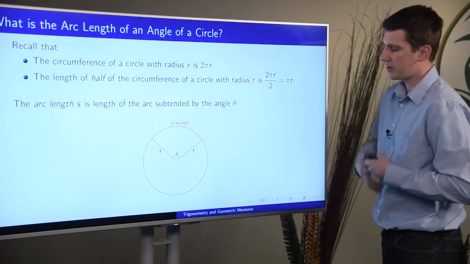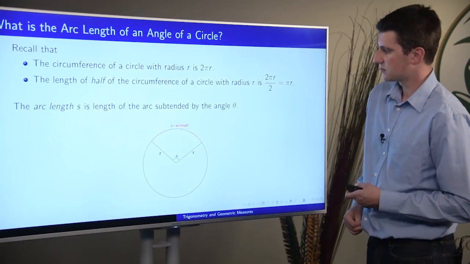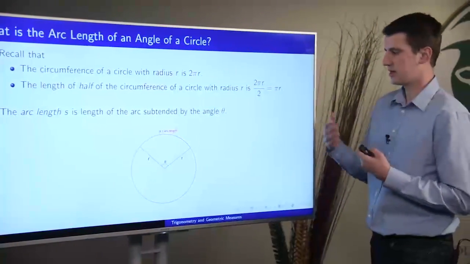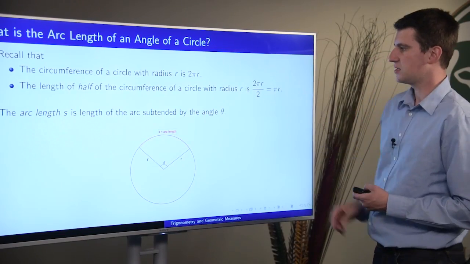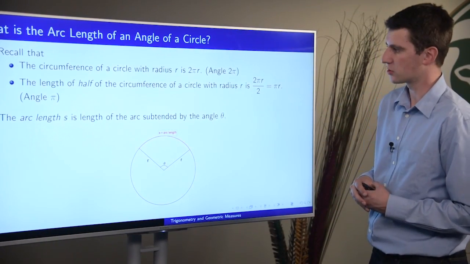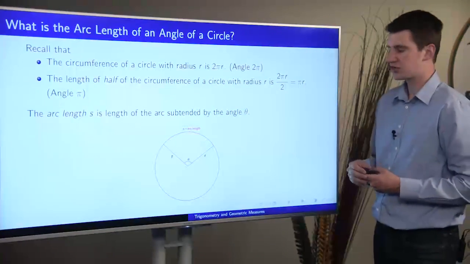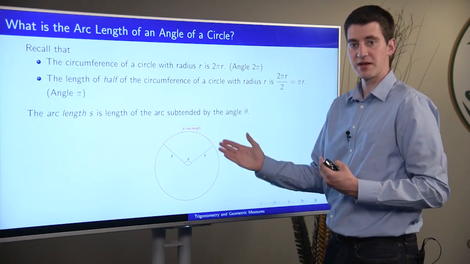So before we figure out a general formula for arc lengths for arcs that are subtended by particular angles, let's look at these two. And actually, let's start with this one. This one's a little more clear. What is the length of half of the circumference of a circle with radius r? Well, we found that was pi r, which was just dividing the whole circumference by 2.